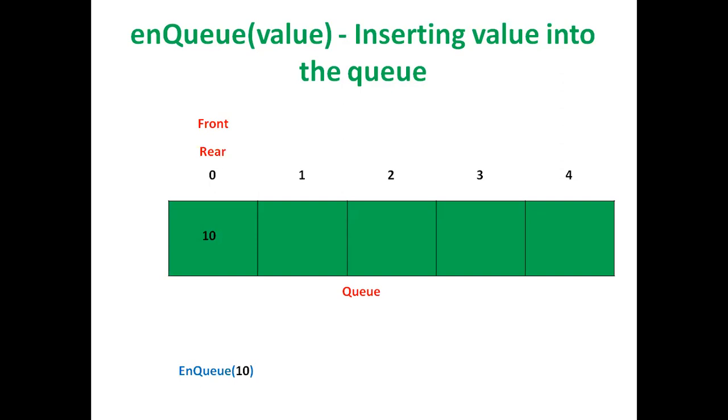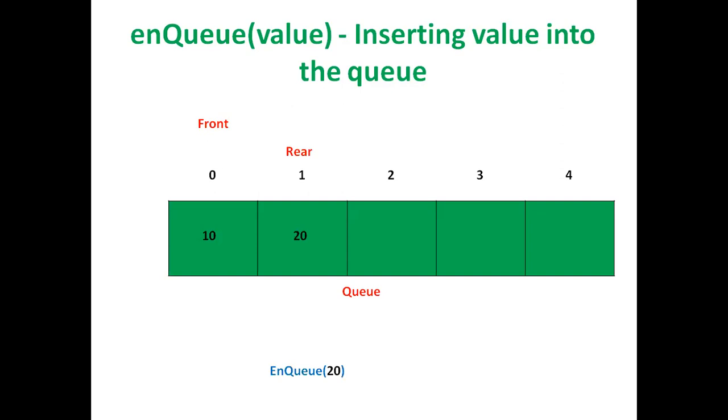Now again if you want to perform one more operation, that is enqueue 20, inserting 20. So if you want to insert the 20, check the condition rear is equal to size -1 according to algorithm. So rear value is 0, 0 is equal to 4, no, condition false. Now increment the rear value by 1, that is 0 plus 1, 1, and insert our value 20 into a queue.